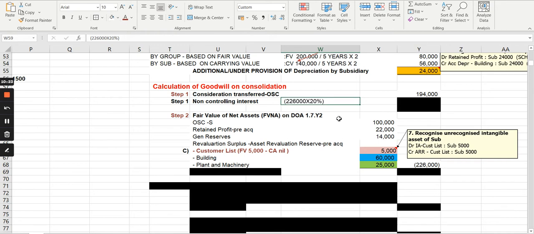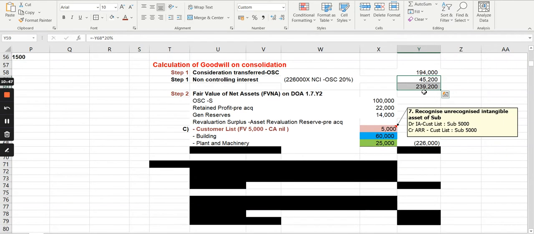You take 226 times 20%. 20% is the NCI percentage for your ordinary shares. So you take that percentage, you get the figure here to be 45,200. You total up this is what you call A, and this is what you call B.